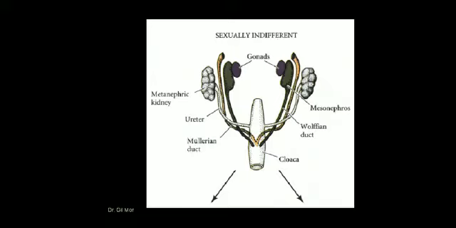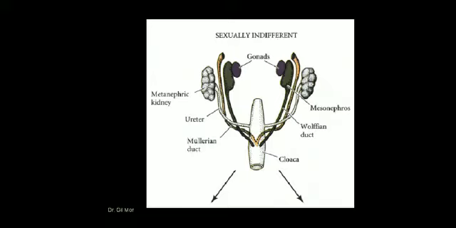male internal genitalia, whereas differentiation of female internal genitalia, this is when there is absence of the Y chromosome, there will be absence of MIS, that is Mullerian inhibiting substance. So what will happen?